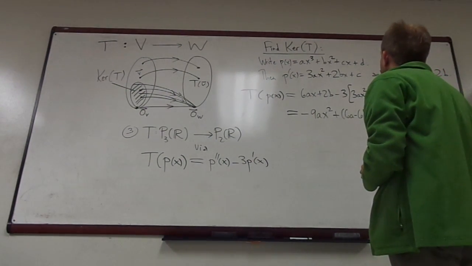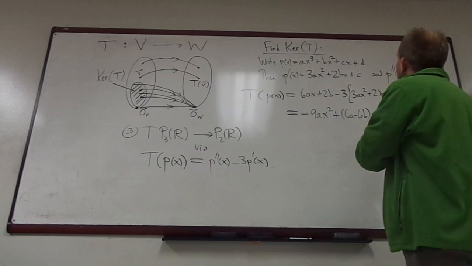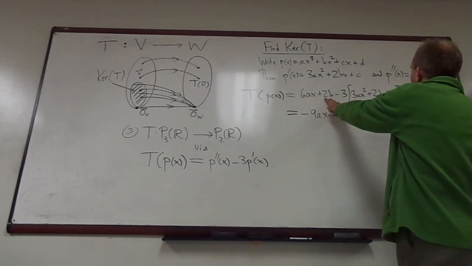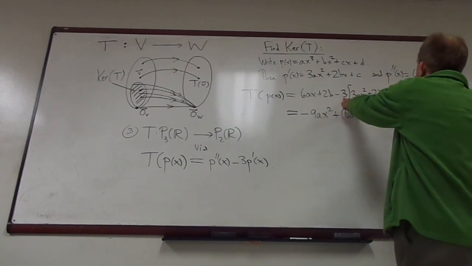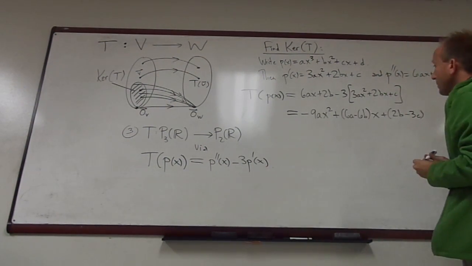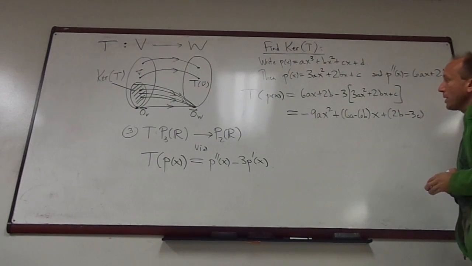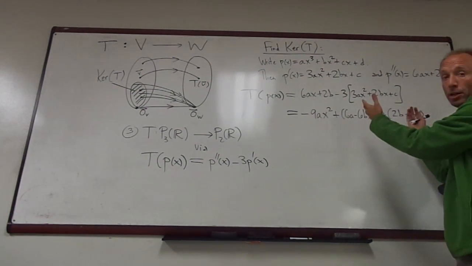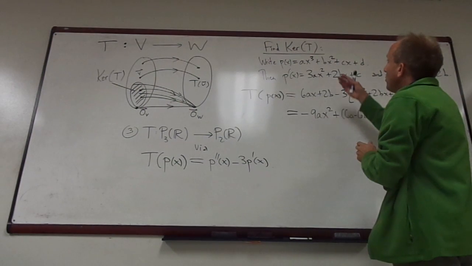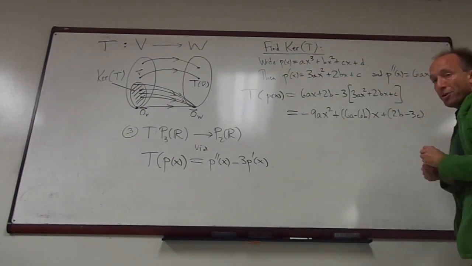And then my constant term, let's see, I've got 2b right here, and then I've got minus 3c for the constant term on this side. Okay? So this time my output is a polynomial, and I still want to find the kernel of this transformation.